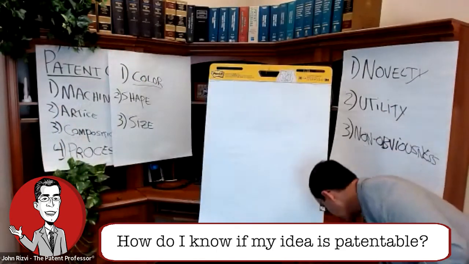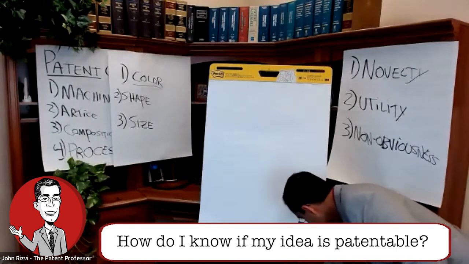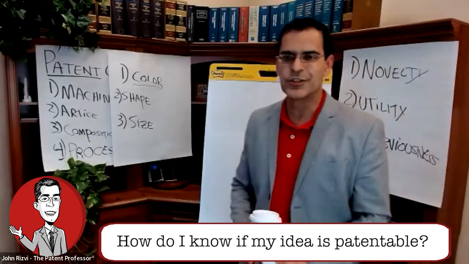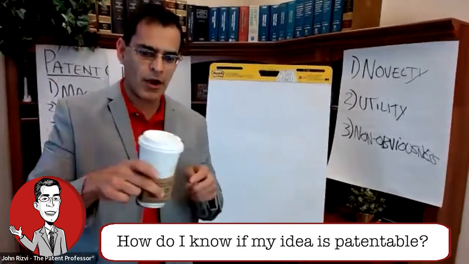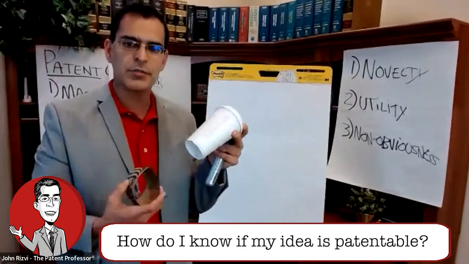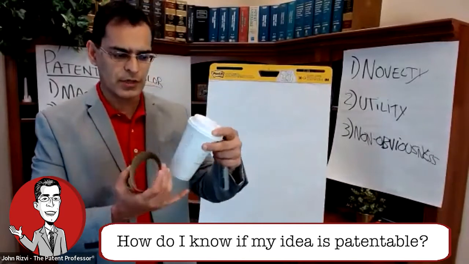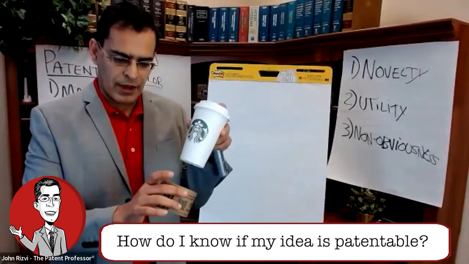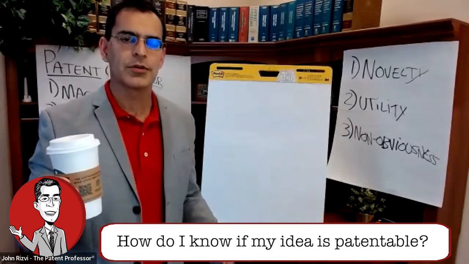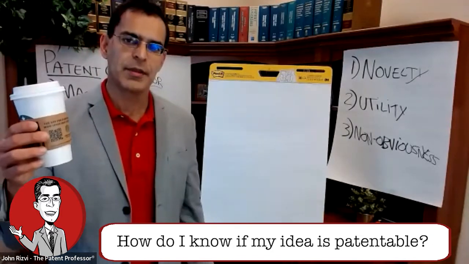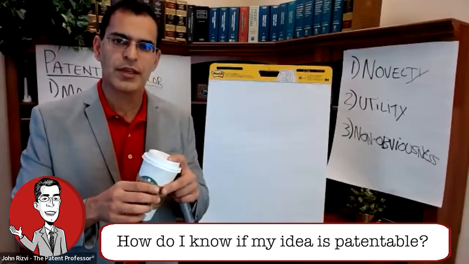Another item that is commonly understood, and people are surprised when they find out that there's a patent on this, is the sleeve. So the simple cardboard sleeve that goes onto a cup of coffee so that your fingers don't get too hot, that's patentable subject matter and can be protected. So there's no requirement.